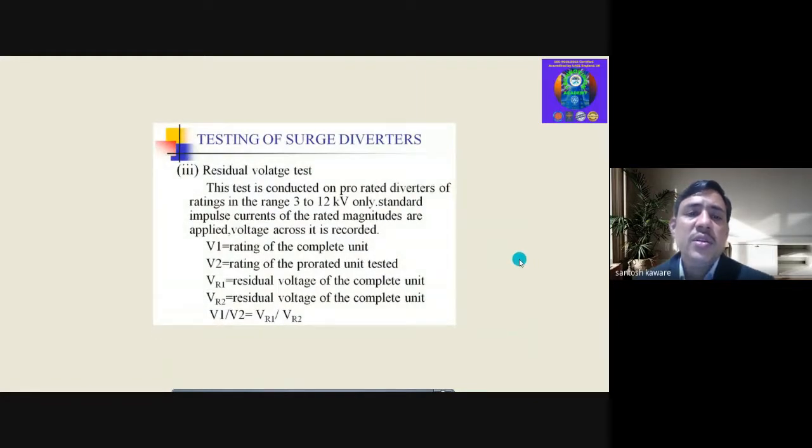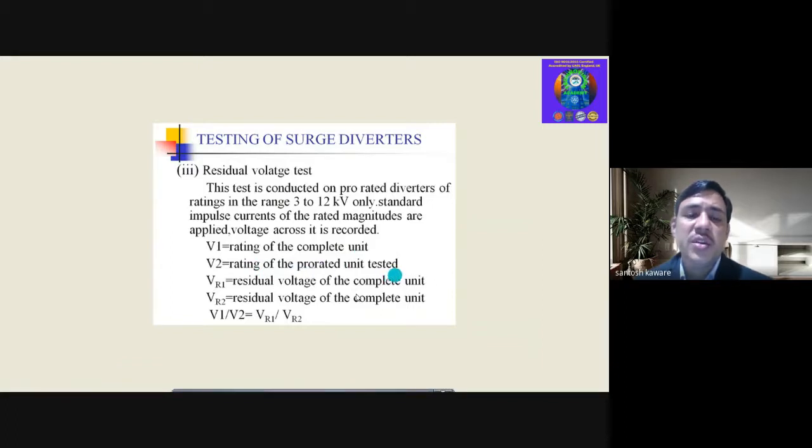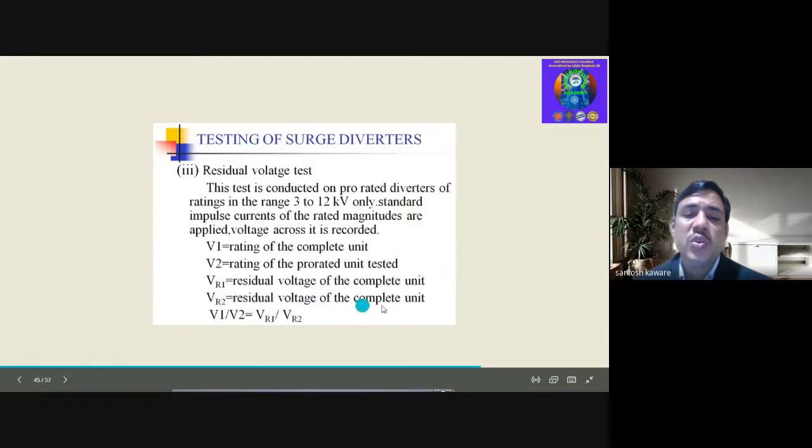We again have the residual voltage test. A formula is given here: V1 by V2 is equal to VR1 by VR2, where V1 is the rating of the complete unit, V2 is the rating of the prorated unit tested, VR1 is the residual voltage of the complete unit, and VR2 is the residual voltage of the prorated unit.